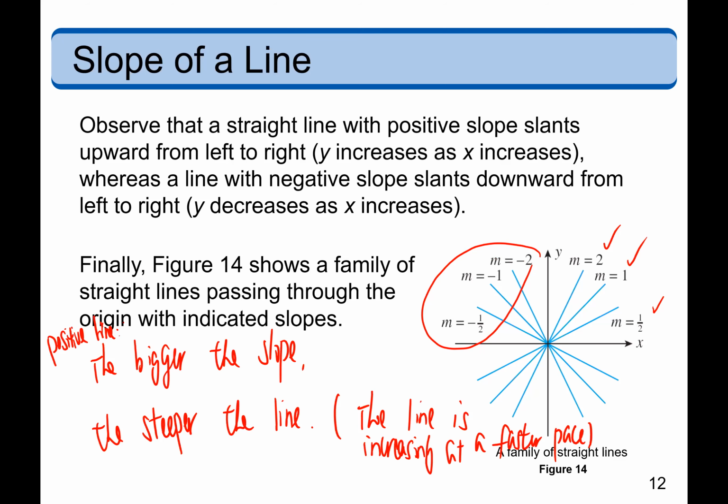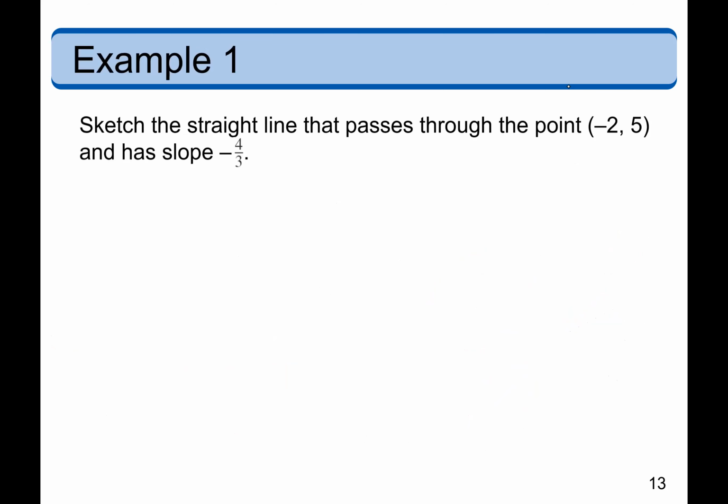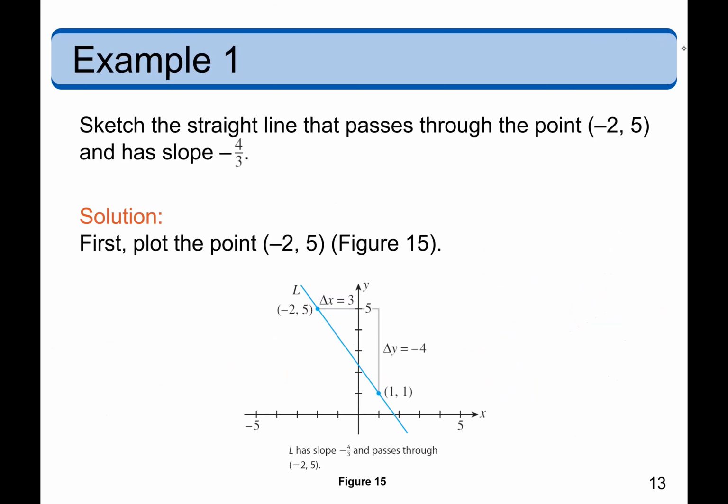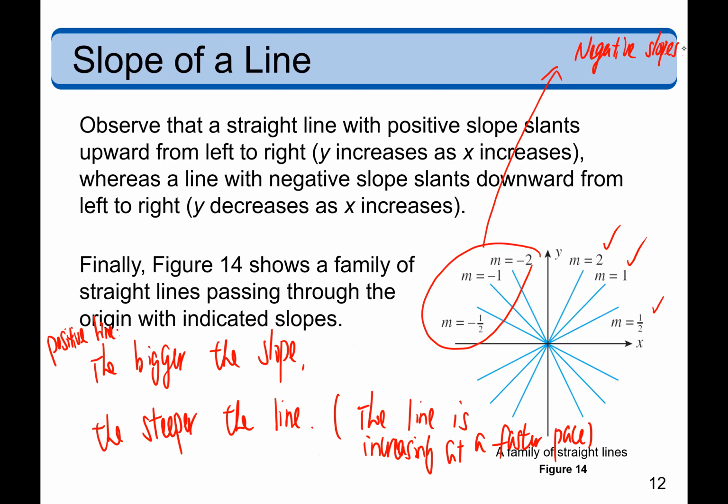Okay. For the negative slope, if we just focus on all the negative lines, negative slope, actually, the smaller the slope, the steeper the line, meaning the line is decreasing at a faster pace. So the smaller, because -2 is smaller than -half.